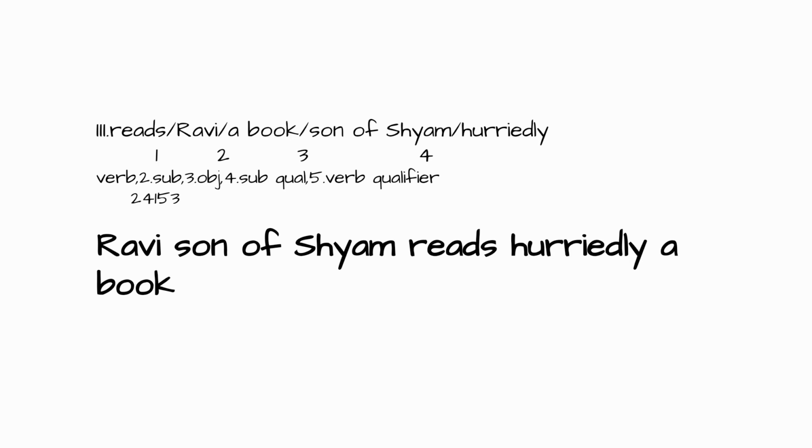Sorry, five words are there. Son of Shyam, hurriedly. Five are there. So we know up to 4, 1 2 3 4. We have arranged them in the previous slide. But here another additional word is given, that is hurriedly.